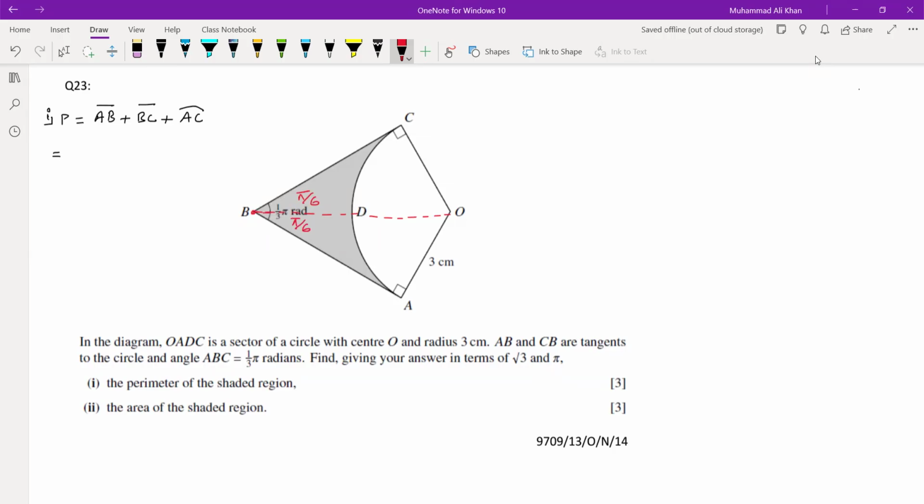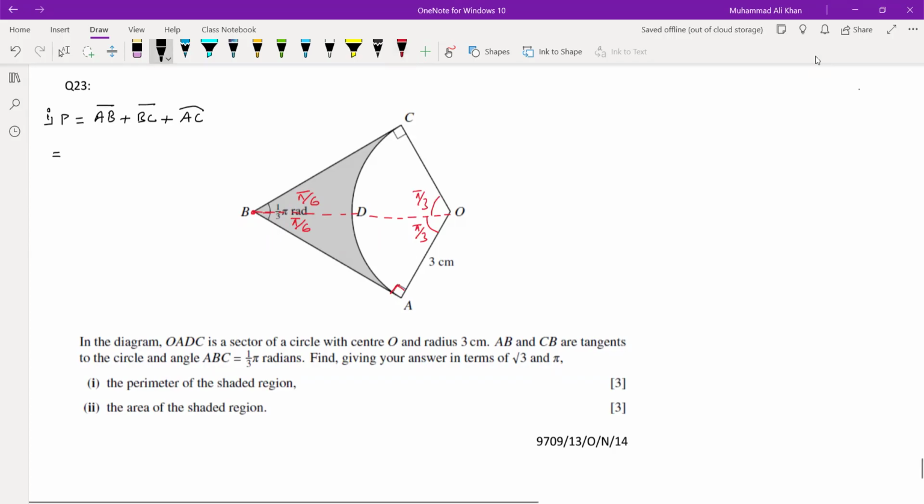If this angle is pi by 6, this angle is 90. So what is this angle? This angle is pi by 3. So if this angle is pi by 3, can I say that this angle is also pi by 3?